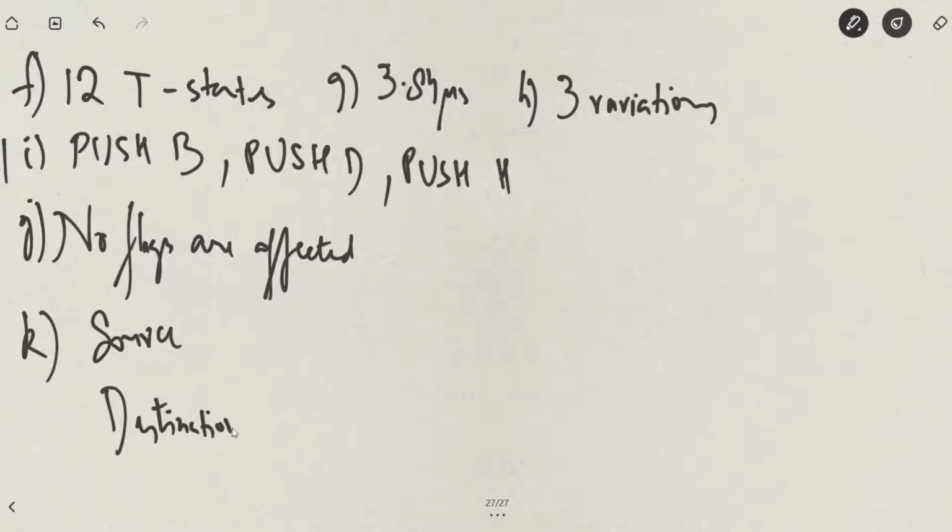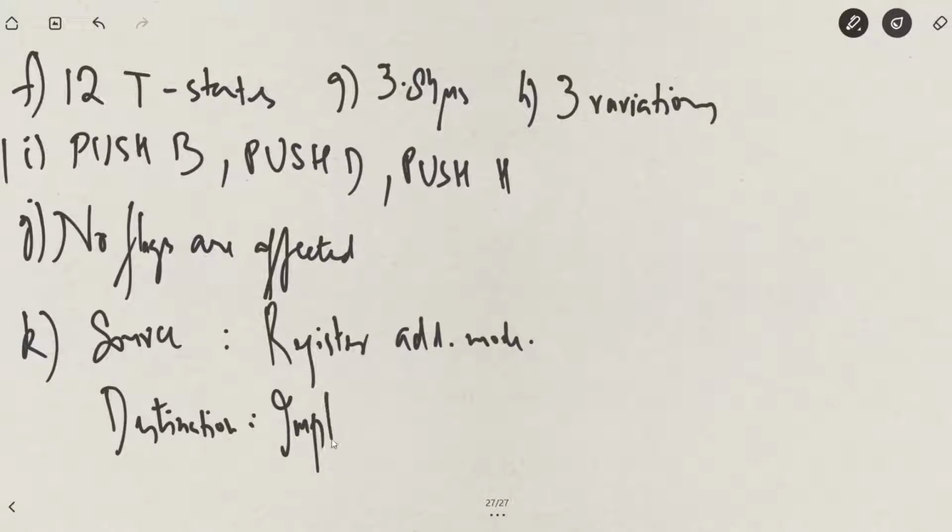It is the register pair. So that means the registers are the source, so you'll have register addressing mode, and the destination is the stack pointer, which is implied by the instruction. So implied addressing mode for the destination.